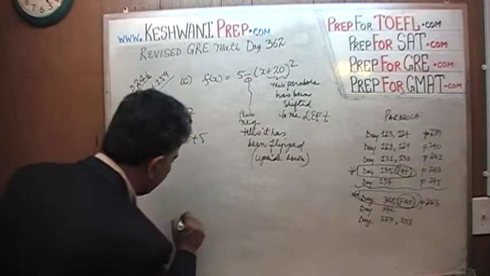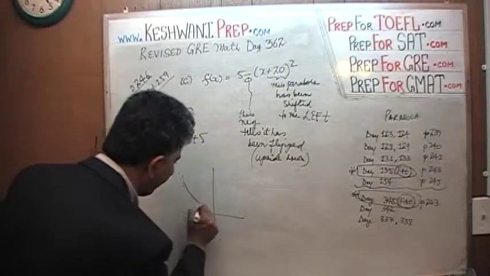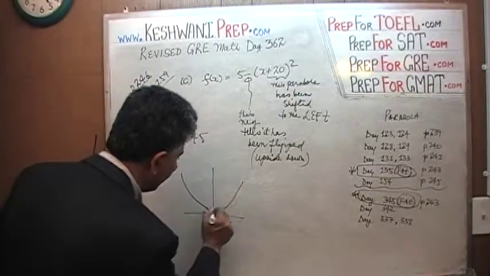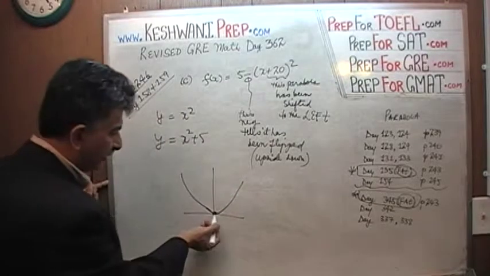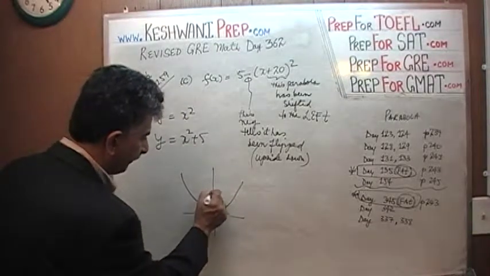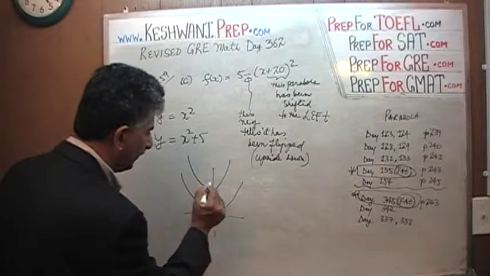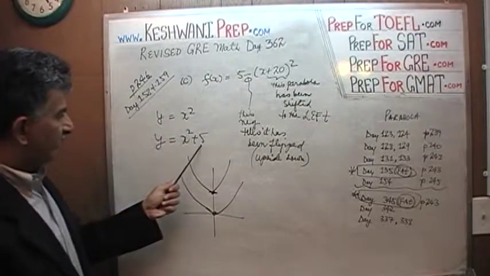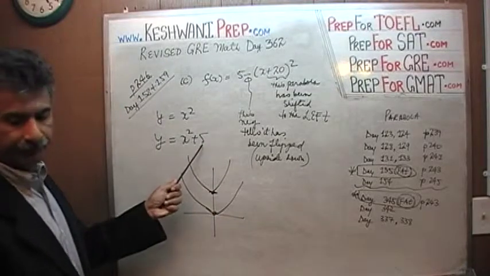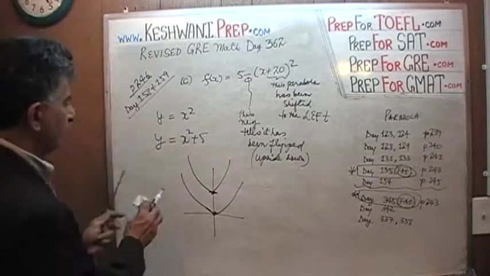So here's the original parabola. It's sitting at the origin. Now you simply pick up this parabola and shift it up by 5 units. It's the exact same parabola that has been shifted up. This 5 tells us it's been shifted up. Let's make a note of it here.